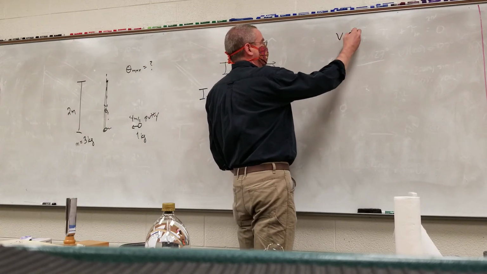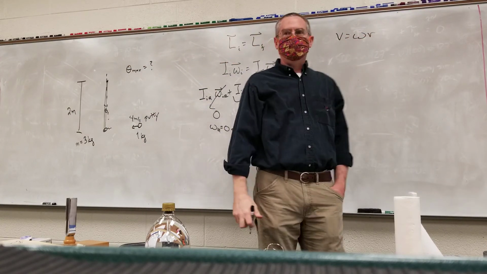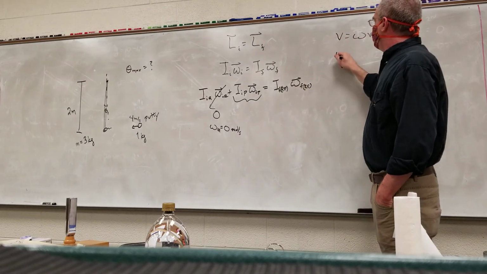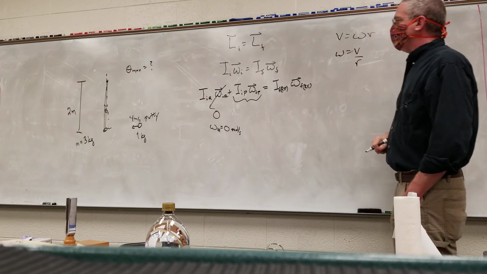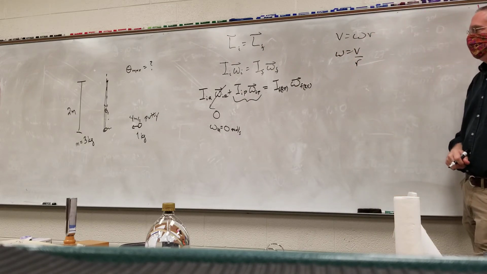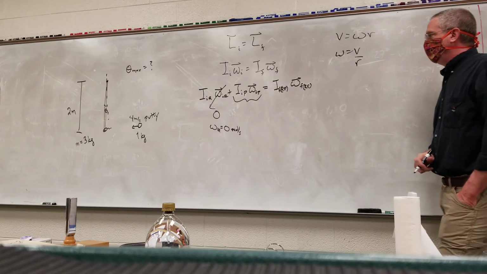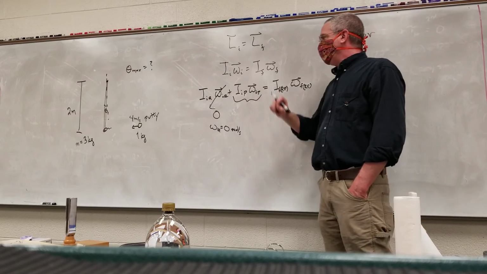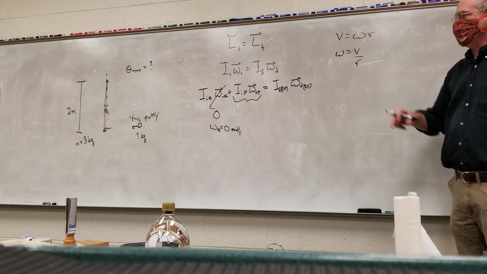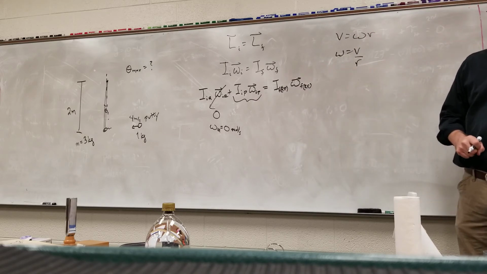I know that v is equal to omega r. So the angular velocity would just be its speed divided by the radius. So I got the omega piece taken care of. What is the moment of inertia of this piece of putty?